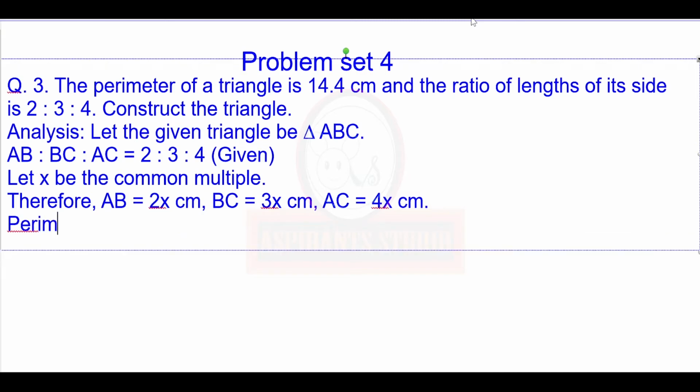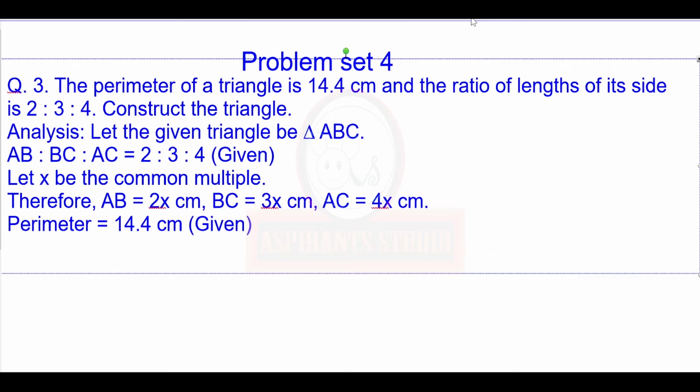Let us take x to be the common multiple. Therefore, AB will be equal to 2x centimeters, BC will be equal to 3x centimeters, and AC is equal to 4x centimeters. And perimeter is equal to 14.4 is given to you. Therefore, AB plus BC plus AC, because it is a perimeter of a triangle, you have to add all the lengths of the sides.